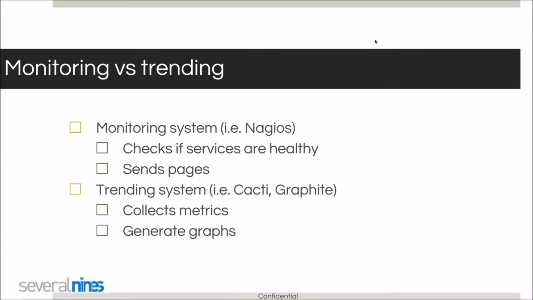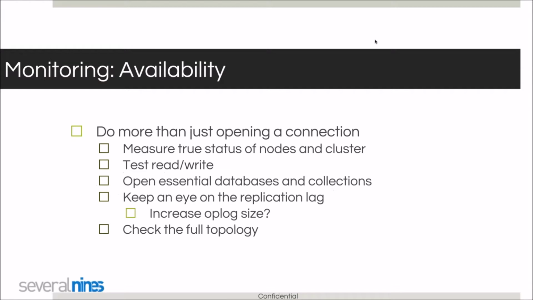And then you can generate graphs, look at trends, and see what is happening. And also for instance, for a post-mortem, you really want to have this data later on, while a monitoring system only keeps its current state, at best, for a short while. So for monitoring, one of the pieces of advice we can give is to do more than just opening up a connection.